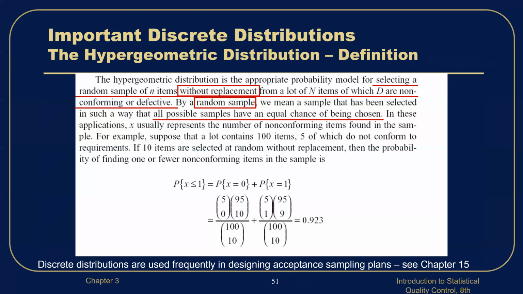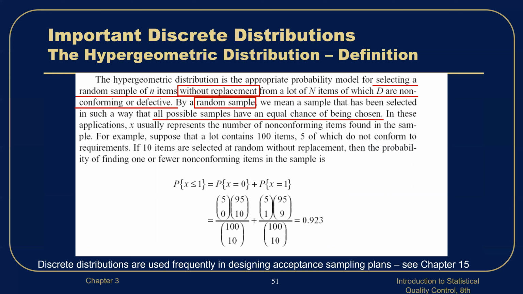The hypergeometric distribution is for selecting a random sample of n items without replacement from capital N items, among which capital D are non-conforming items. A random sample means all possible samples have an equal chance of being chosen.